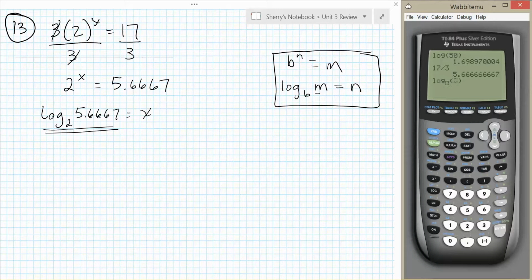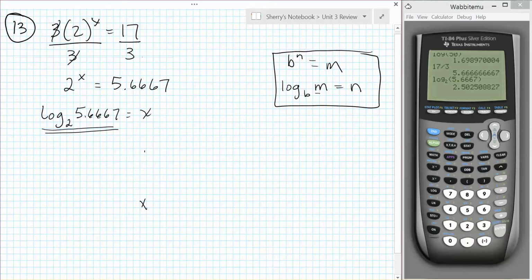So in this case, if I want to find the log base 2 of 5.6667, I can go log, put the 2 in the base position, arrow over, put in 5.6667, and then hit enter and get my final answer here. So that's going to give me x equals 2.5025. And that will be my solution.